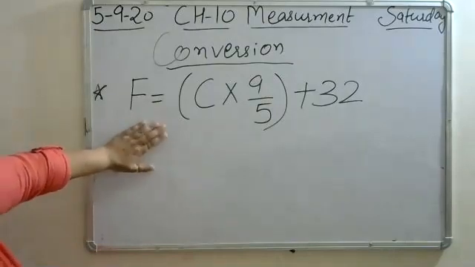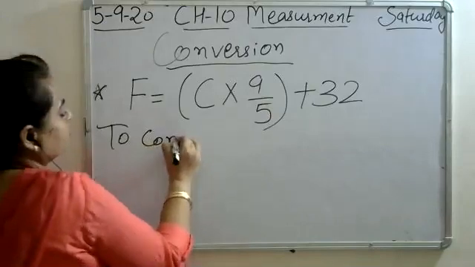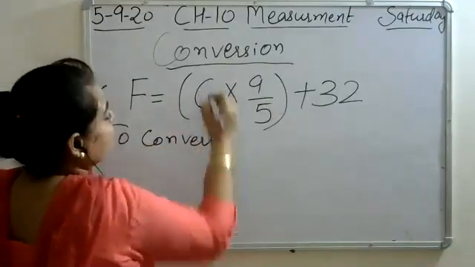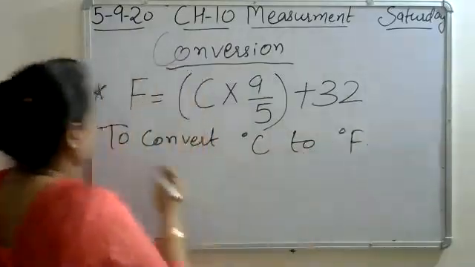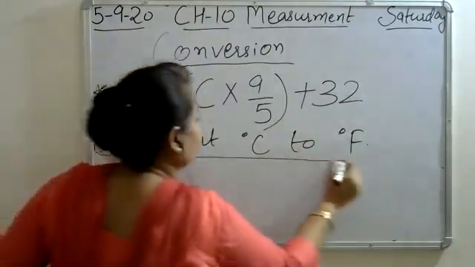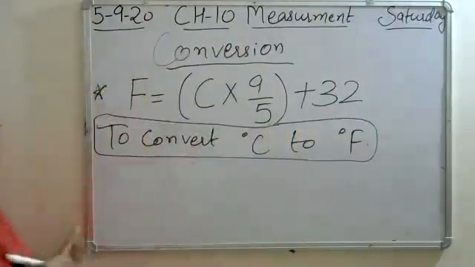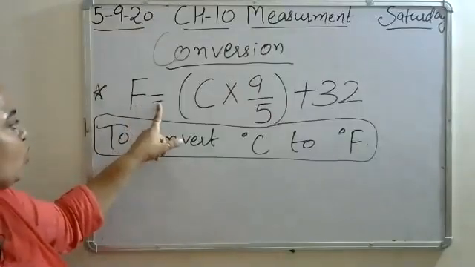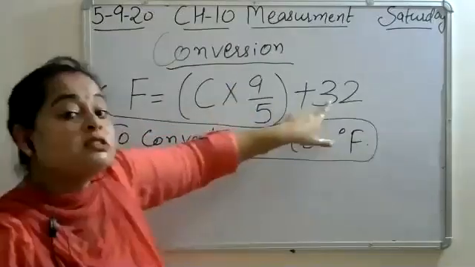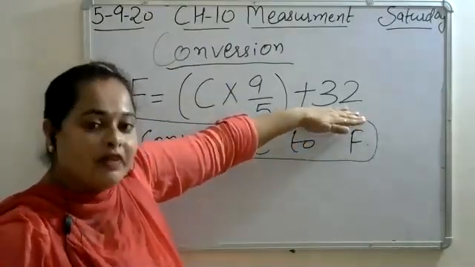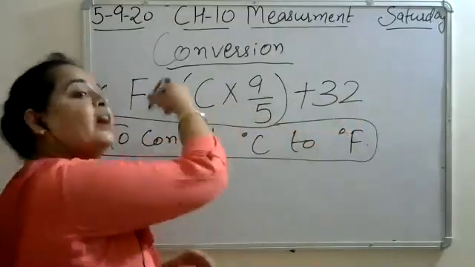This formula we will use to convert degree Celsius to degree Fahrenheit. Very, very important formula. Fahrenheit is equal to Celsius into 9/5 plus 32. We use this formula if we want to convert Celsius to Fahrenheit.